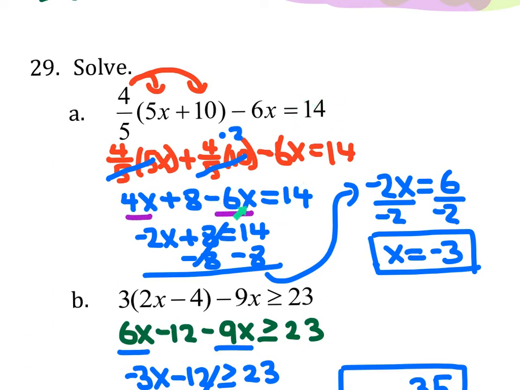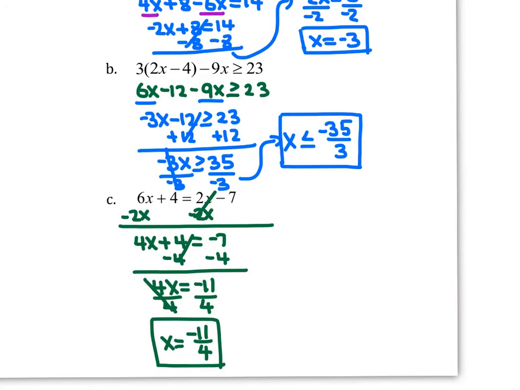These two are already on the same side. You combine them. 4x take away 6x is -2x, plus an 8 equals to 14. Subtract the 8 on both sides, -2x equals 6. Divide by -2 on both sides, x is equal to -3. Done.